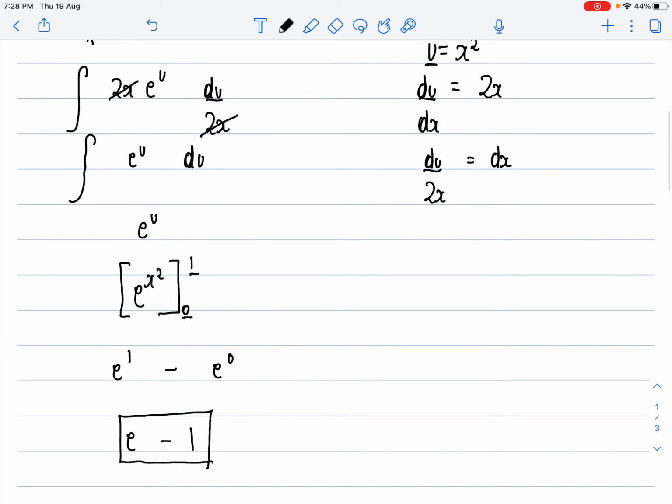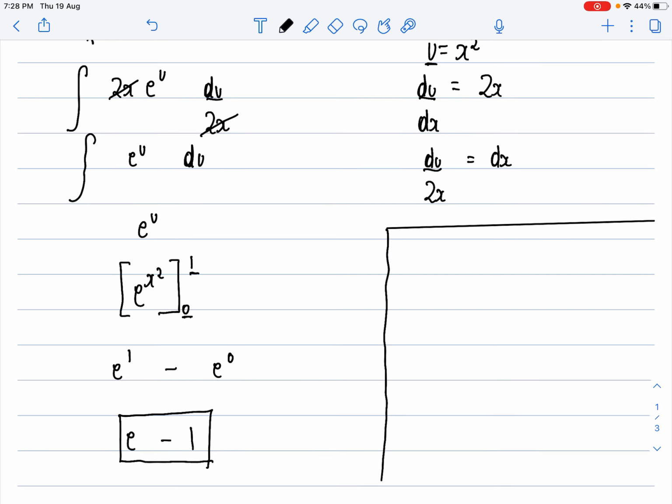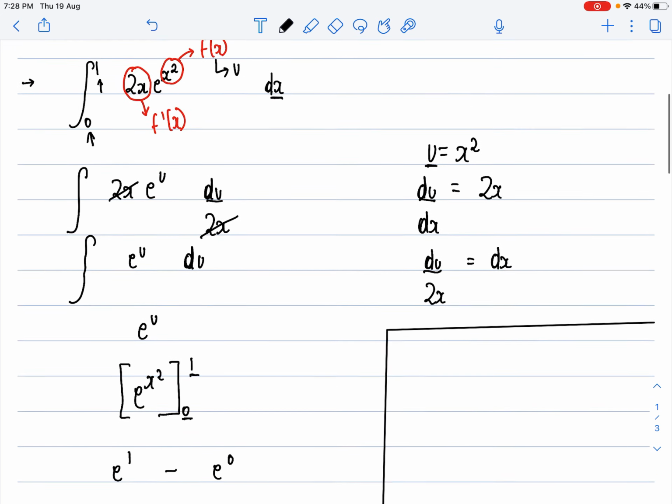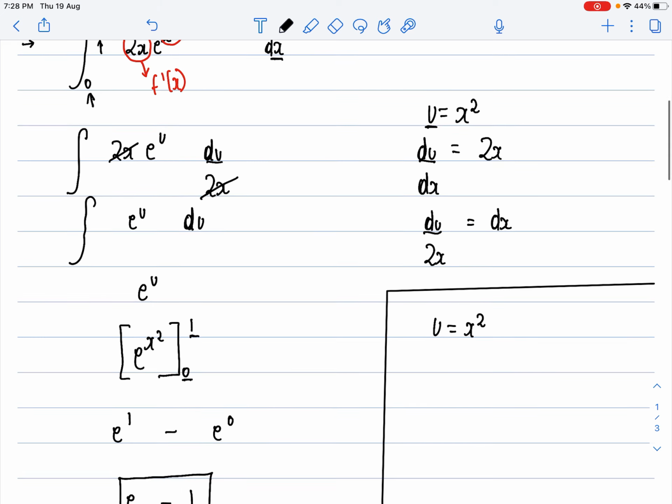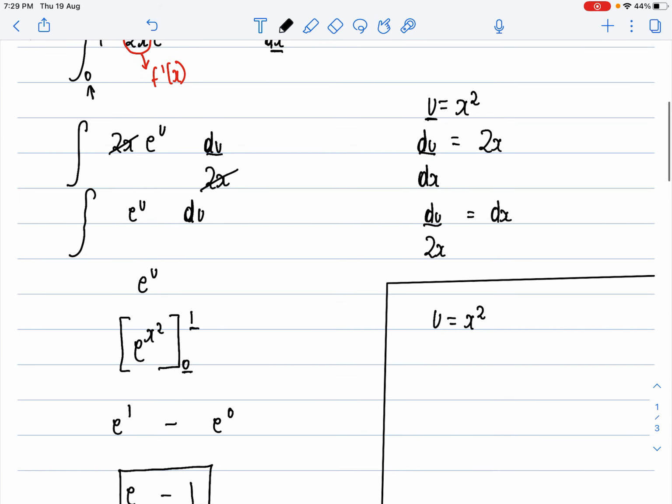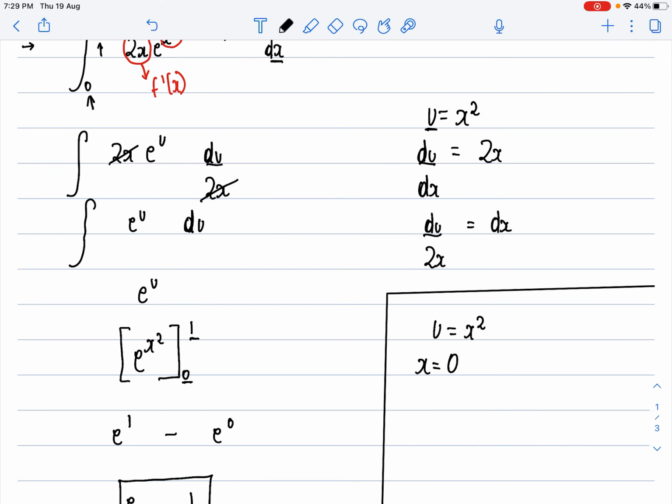Now the other method of dealing with the limits is called limit conversion. You can use either. You know that u is equal to x square. That means for your limit 1, x is equal to 0, and for your limit 2, x is equal to 1.